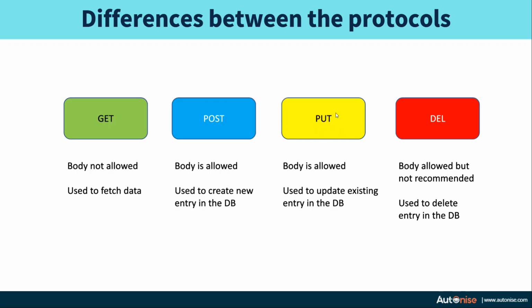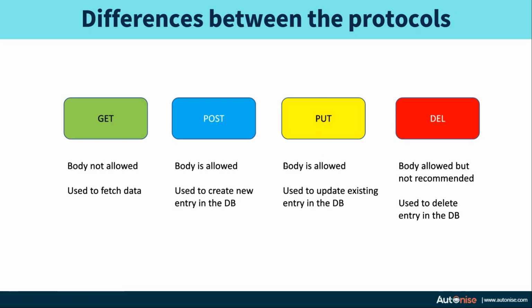Next comes the PUT request. The PUT request is used to update an existing entry in the database. Because you want to update an entry, you need to send some information from the front end, which is the client, to the back end. So you have a body in the PUT request as well.